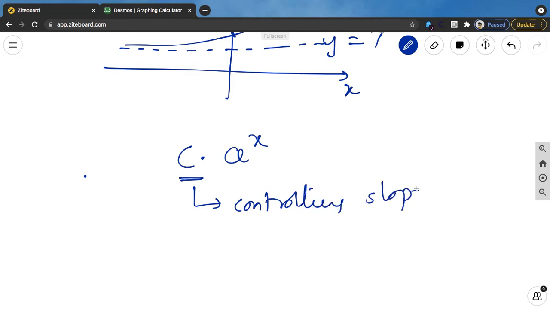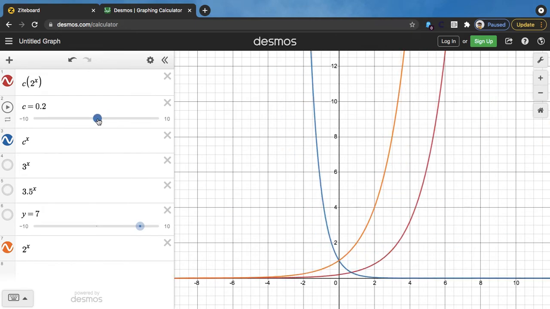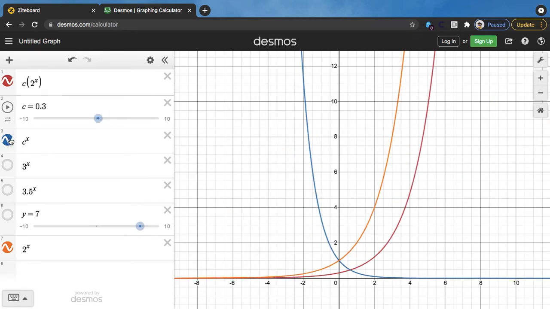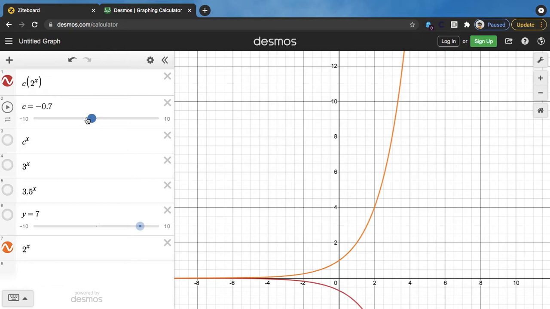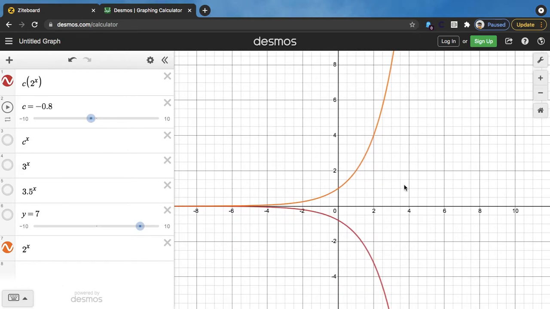Very similar to how when I changed the base, it was changing, but there are differences here. The first is that c can be negative, the base cannot be negative, and when it becomes negative, it is causing a reflection to happen. Look at this. If I make it negative, the graph will be reflected.